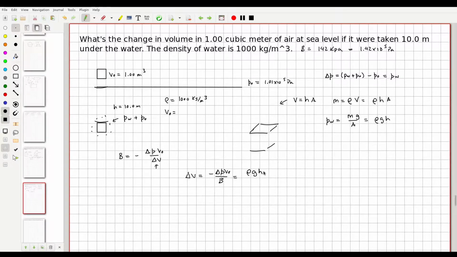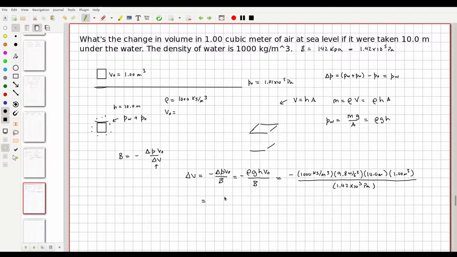Rho g h V naught on the top with a bulk modulus right here. That's 1,000 kilograms per cubic meter, 9.8 meters per second squared, 10.0 meters, 1 cubic meter, divided by 1.42 times 10 to the 5th pascals.